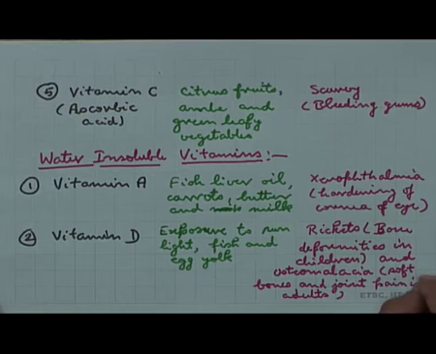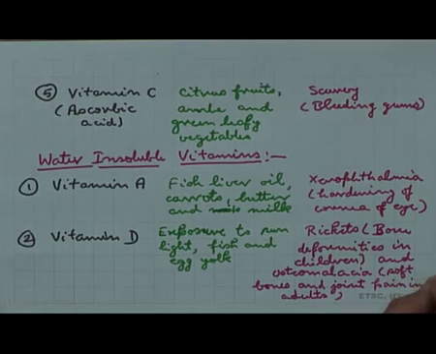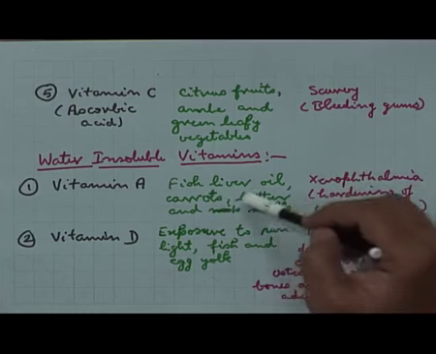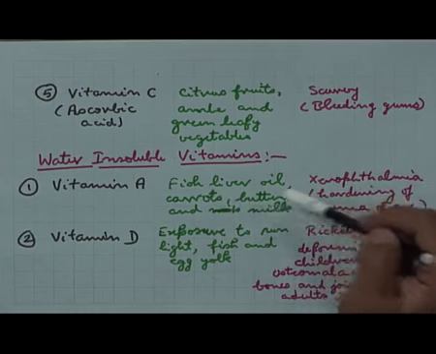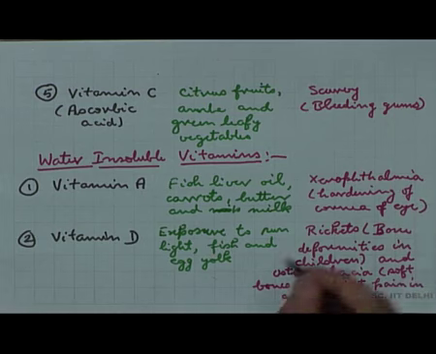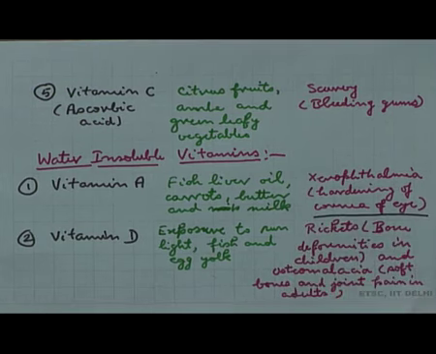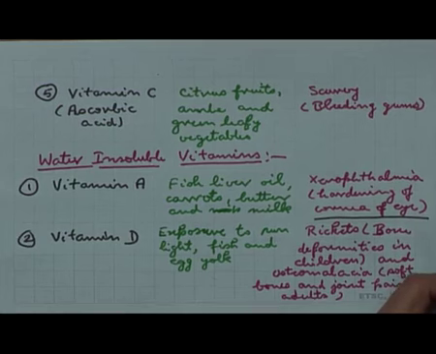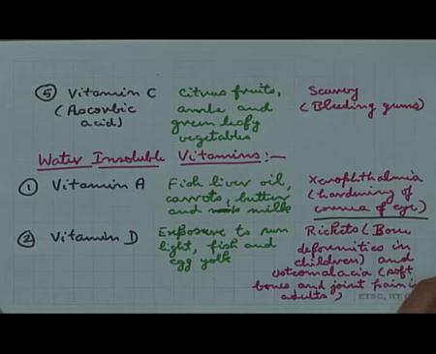Water insoluble vitamins, in that series vitamin A, can be obtained from fish liver oil, carrots, butter and milk, and deficiency leads to xerophthalmia, where hardening of the cornea of the eye is the symptom. And vitamin D can be maintained by exposure to sunlight.